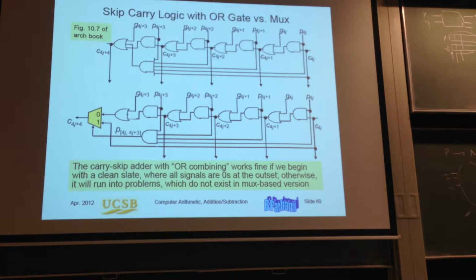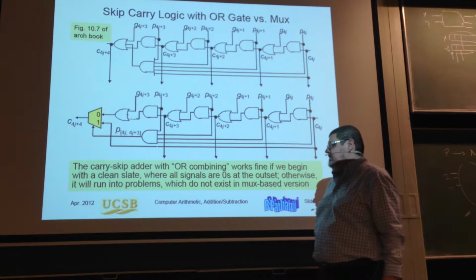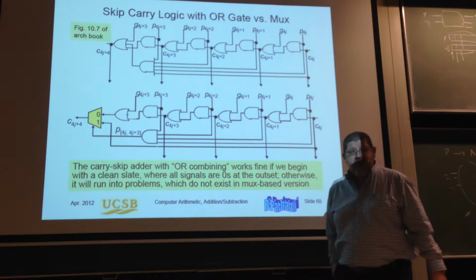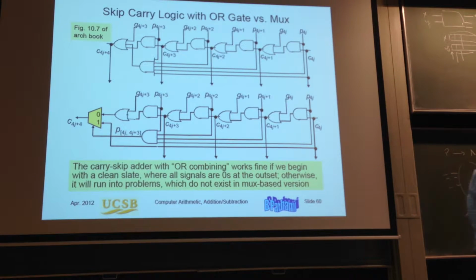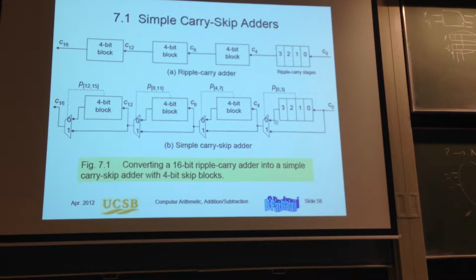And there are two ways to do that. You can use a mux or you can use a gate. If you go for the old edition of the book, I think you just have this one. If you go for the new edition, you have this one. Essentially here, you could use a gate, not a mux.